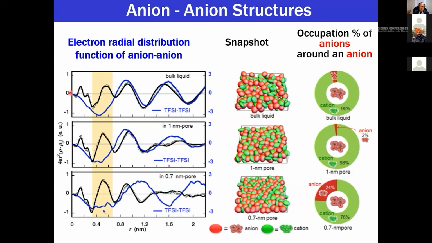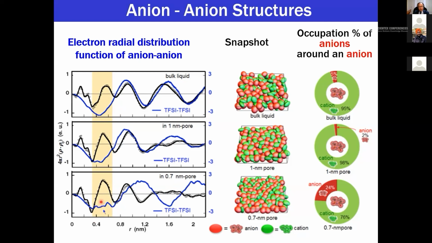Of course, around the anions, positive ions should be here. Then there are almost no anions, so a negative peak is observed. But in highly confined 0.7 nanometer pores here, there is no clear negative peak.